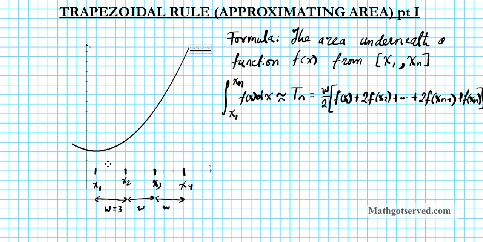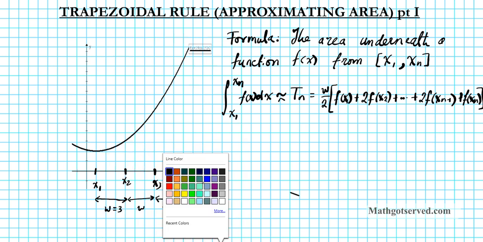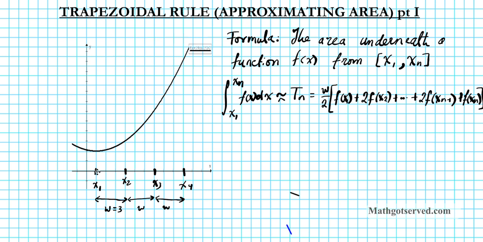Now, what if I want to approximate the area from x1 to x4 using trapezoids, or the trapezoidal rule? Well, this is how it's going to look. We're going to make 3 trapezoids. So let's do this in blue. There goes my first trapezoid. All I do is trace my calibration all the way to the curve, and then connect them in this nature.